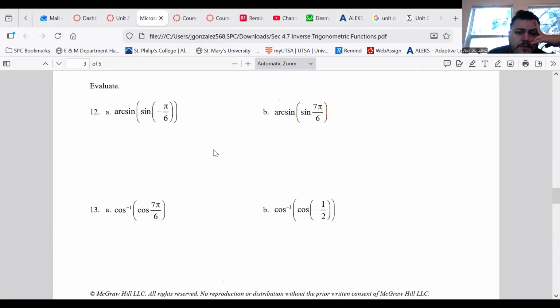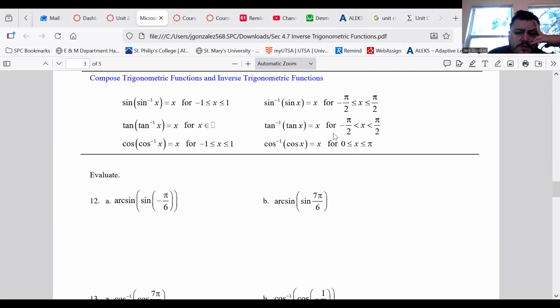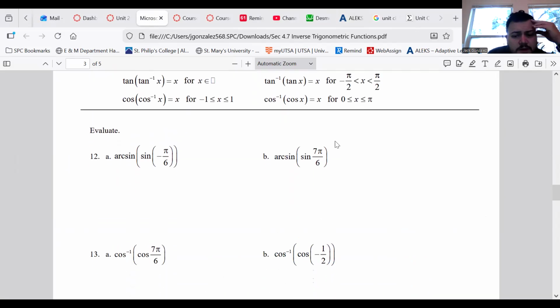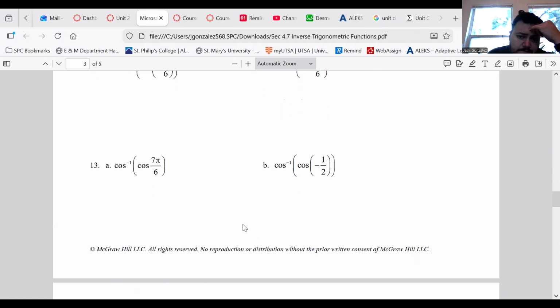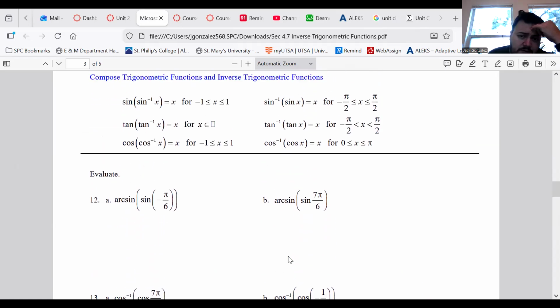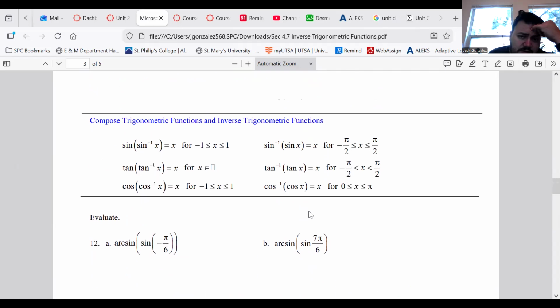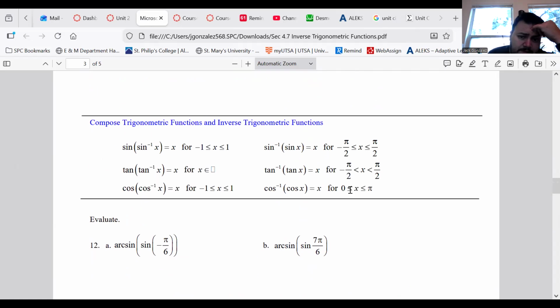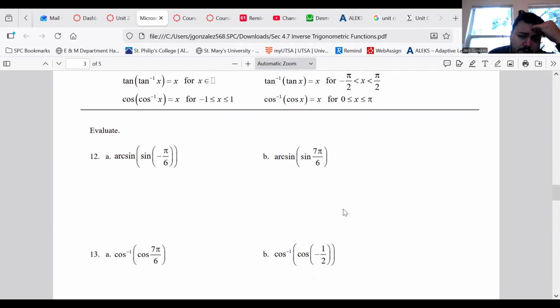Back to the notes. Yeah, so these will all cancel unless they're too big. So just put undefined, or you'd have to find a similar angle. Cosine inverse is on the outside, so it has to be between 0 and pi. Well, negative half is not between there.